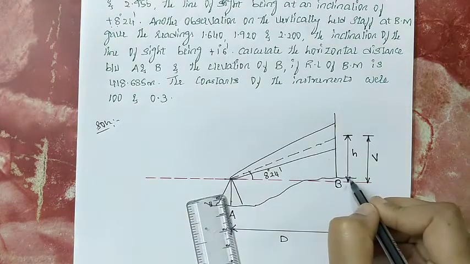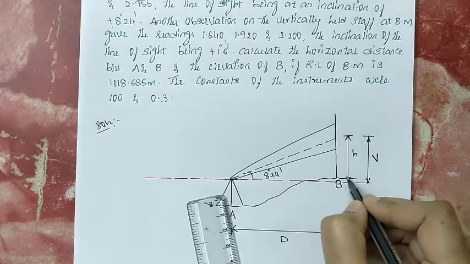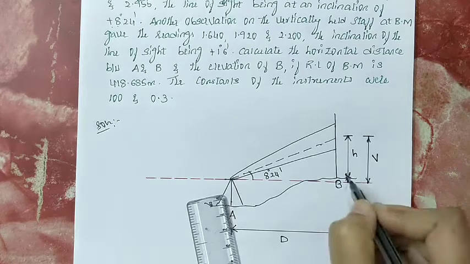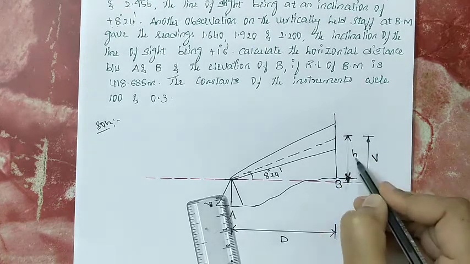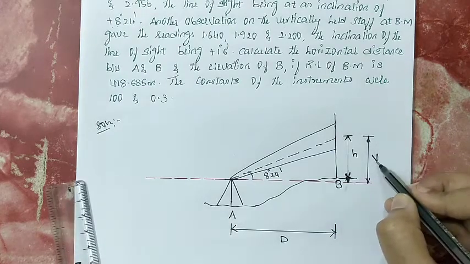Sorry, here h is the middle hair reading, from the middle hair to the ground, not the line of sight. Make a correction here. From the middle stadia to the ground, that height you call H. Then from the line of sight to the middle hair, that is the vertical component.